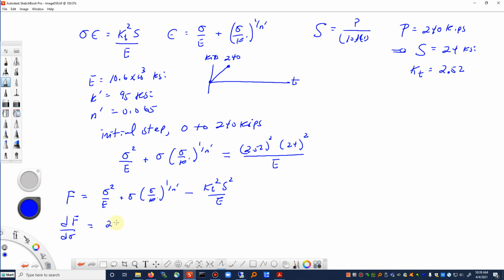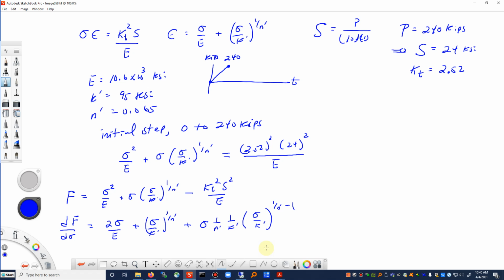We're going to have a 2 sigma over E. We're going to have a product term. We have the derivative of the first times the second term, and then we're going to have the first term times the derivative of the second term. And then we have the term in parentheses, and we're going to take away 1 from that. All right. And then the last term, it has no sigma in it, so its derivative vanishes.